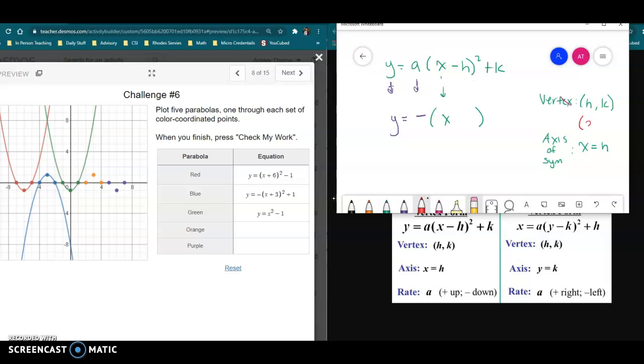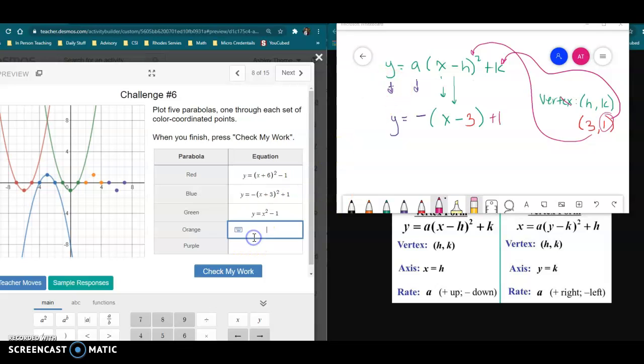So my vertex is 3, 1. Now I'm going to take this 3, plug it in here. So x minus, because that minus stays there, 3. And then my k is a 1. I'm going to put it here, plus 1.